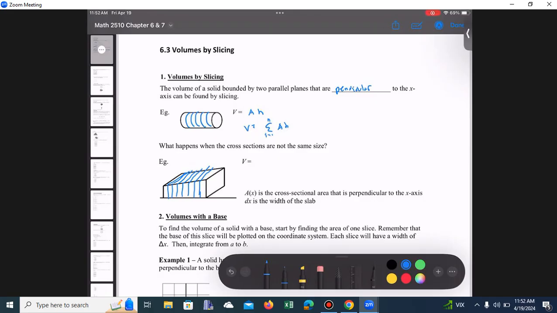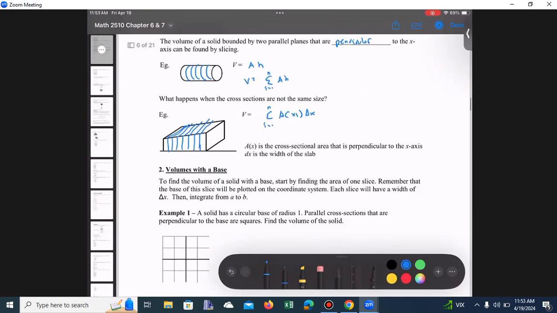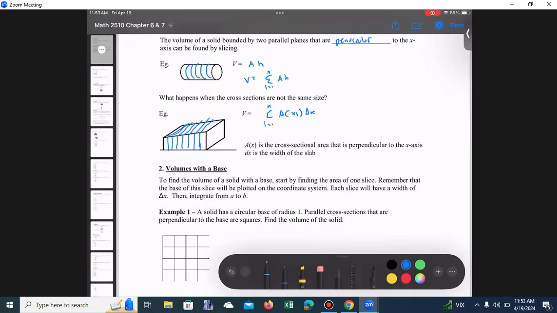And so for this, you'll have the summation as i goes from 1 to n of the area evaluated at x sub i, times delta x, wherever the width of these slices are. You add these up and you'll get the value. And the area is going to have a specific formula that we're adding up.